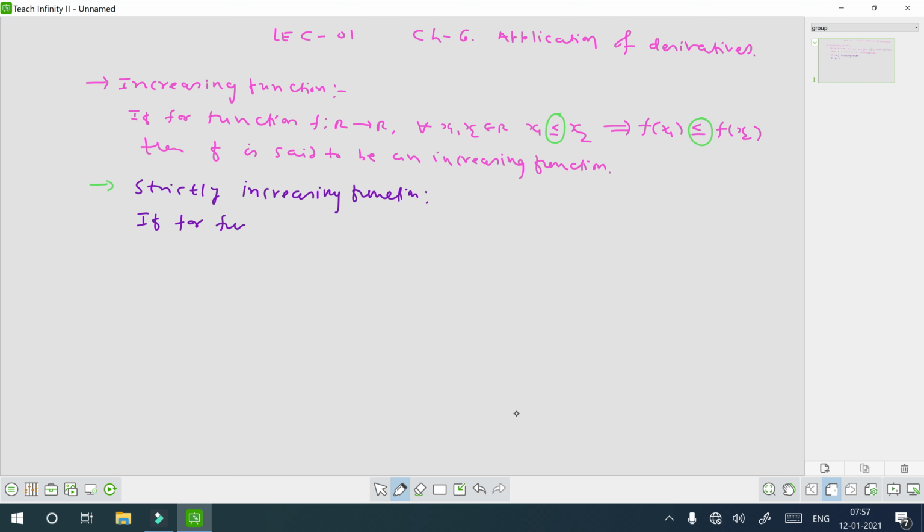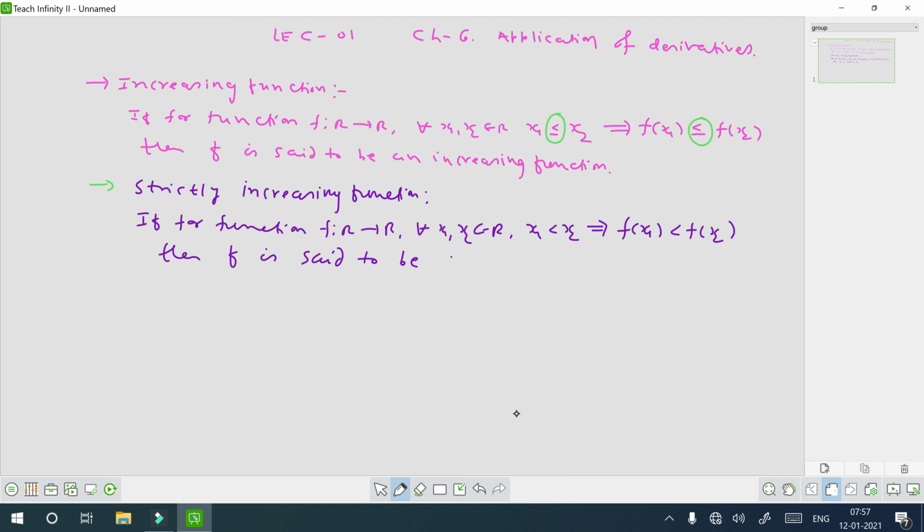If for function f from R to R, for all x1, x2 belongs to R, x1 less than x2 implies f x1 less than f x2, then f is said to be strictly increasing function.